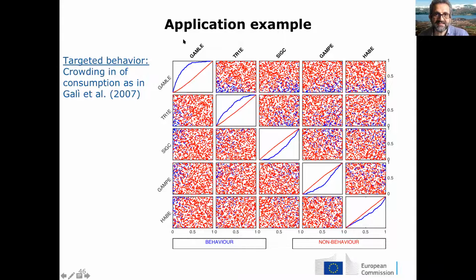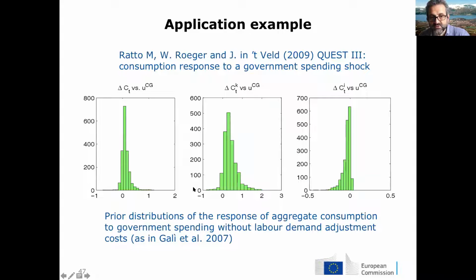What this plot says is that to get crowding in of consumption, we need to go small with this labor demand adjustment cost. You see that already with gamma bigger than 0.5, the cumulative distribution is almost entirely at 1. So it's very difficult to find crowding in if gamma L is bigger than 0.5. Following this result, we checked what happened by freezing gamma L to 0, and running again the prior propagation of all the other model parameter priors onto this IRF.